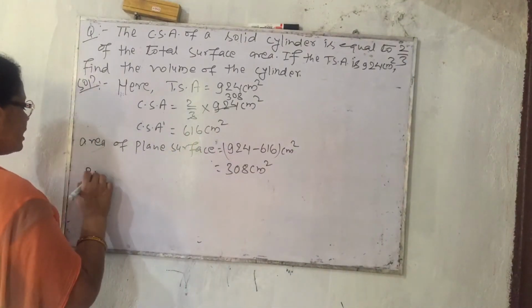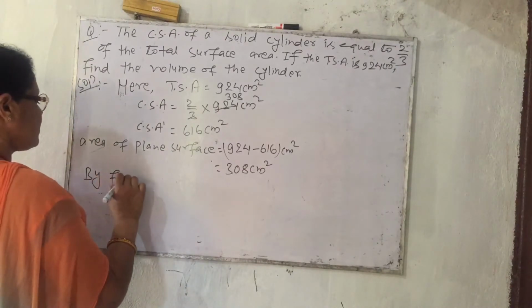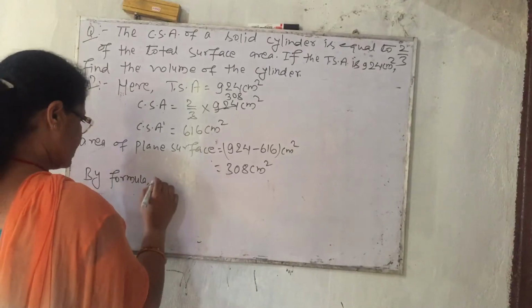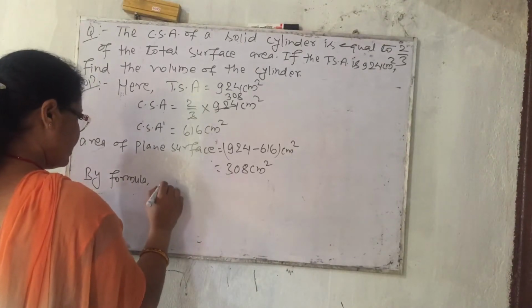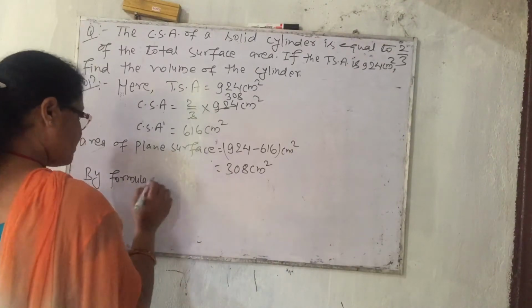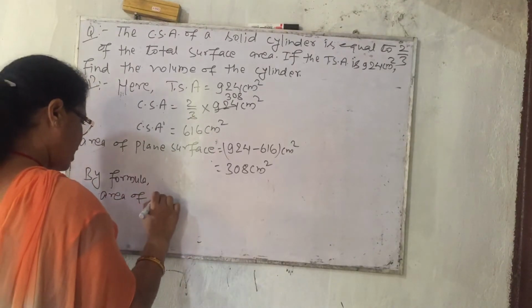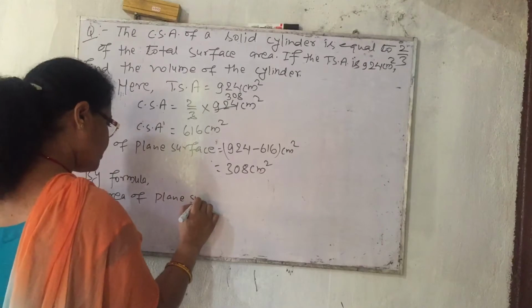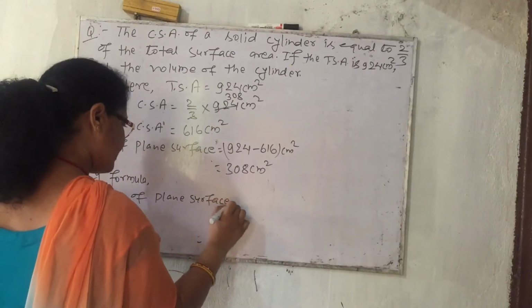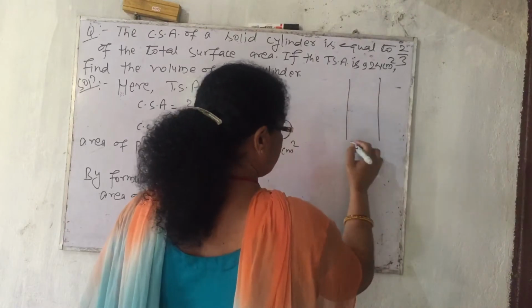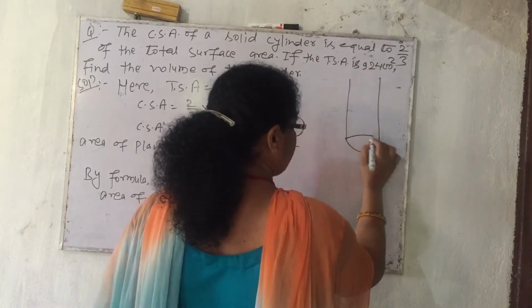By formula, the area of plane surface, means from the figure I would like to make you understand. Let's see.